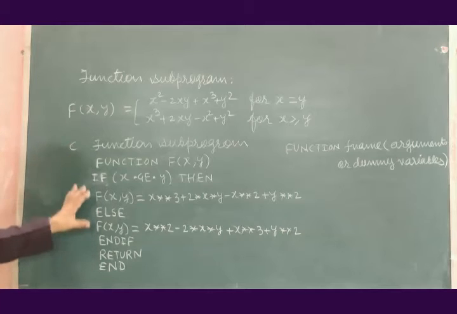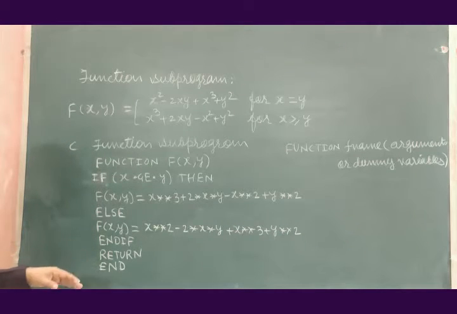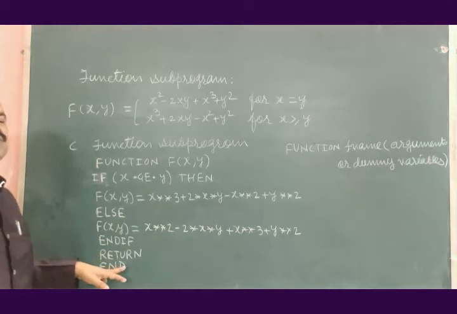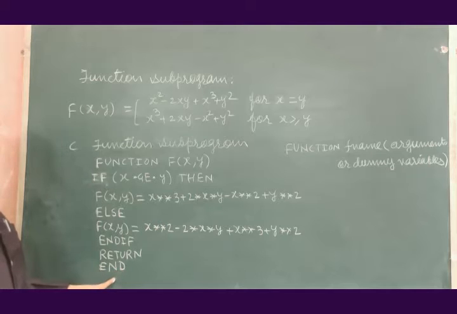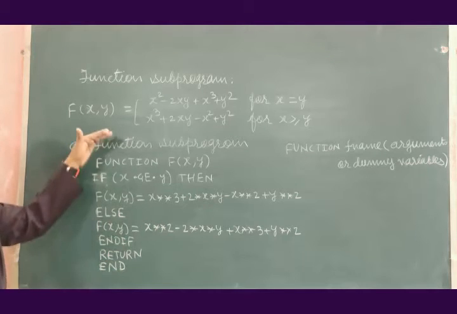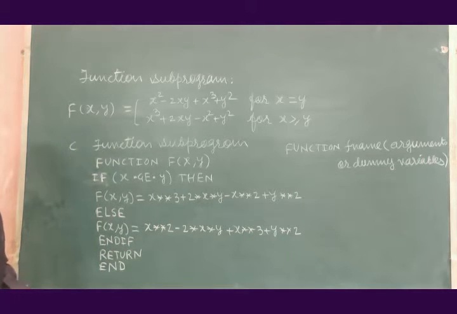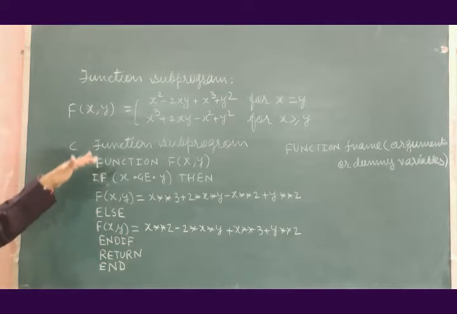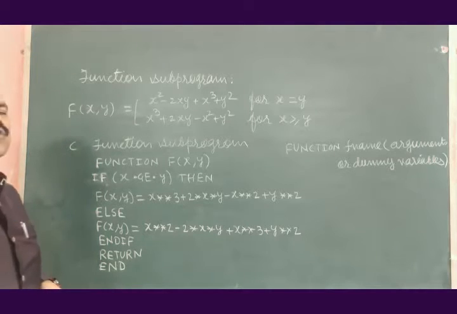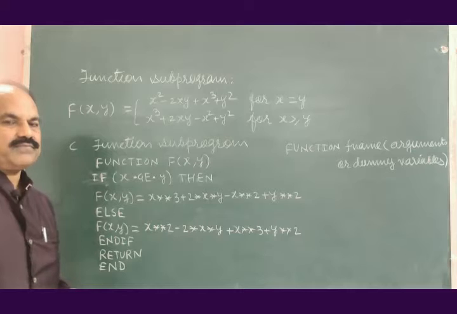The result of this function is to be returned to a certain main program. So the return statement is used here, and this is known as a function subprogram. Here I have written a simple function subprogram.